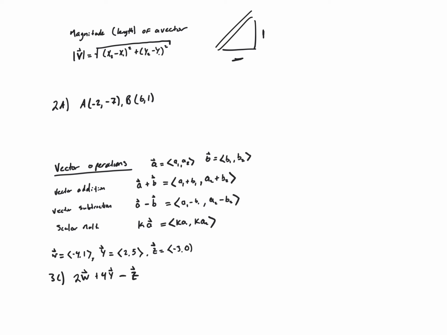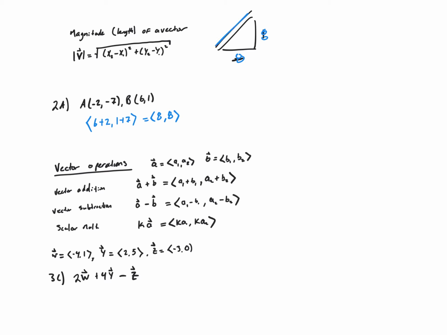So maybe let's go ahead and find how long each of these sides are, or essentially we're putting it in component form. So it's going to be 6 minus negative 2, and then 1 minus negative 7. So it's going to be that 8, 8. I think we just figured that out. So this length is 8, and that length is 8.